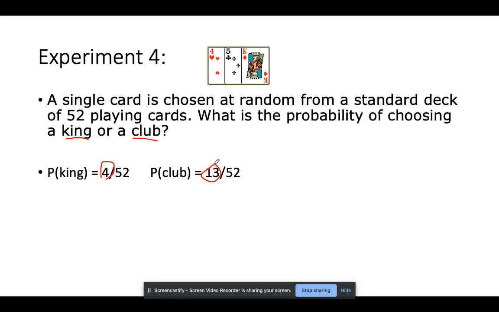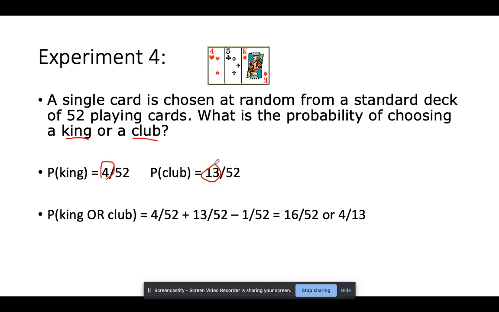So we have to take that one away. It would look something like this. We had the 4 out of 52 for the king, the 13 out of 52 for the club, and then this is one extra king of clubs, and we have to take it away in order to keep from doubling up on that.